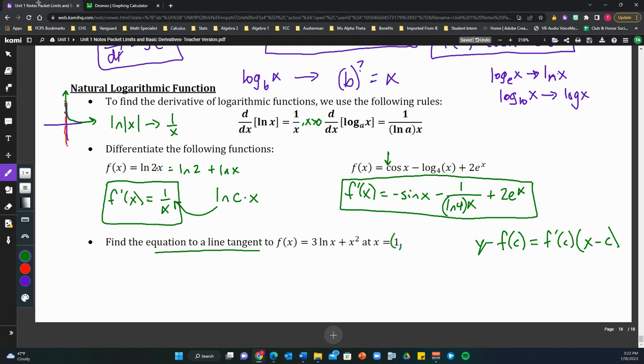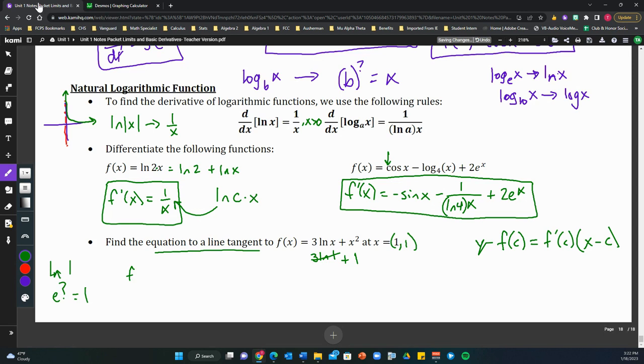So we have our c value is 1. If I plug that in, I get 3 natural log of 1 plus 1 squared. Remember that natural log of 1 is actually equal to 0 because when I evaluate natural log of 1, I'm answering the question e to what power equals 1. That has to be 0. So that term cancels out. So my y coordinate is actually 1.